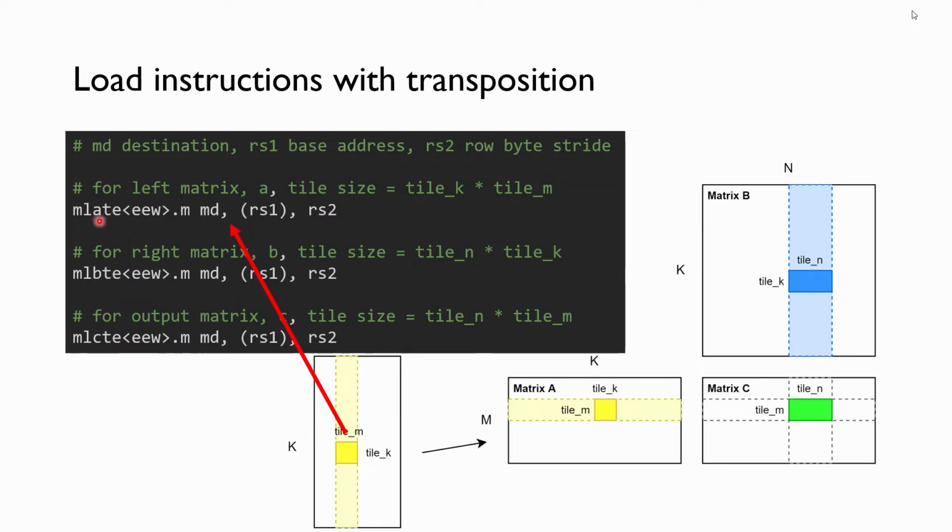So for MLAT here, the tile shape is given by tile K by tile M. For a normal MLAE instruction, the shape is tau M by tau K. So this is a big difference for load transpose tiles here. The shape is transposed.